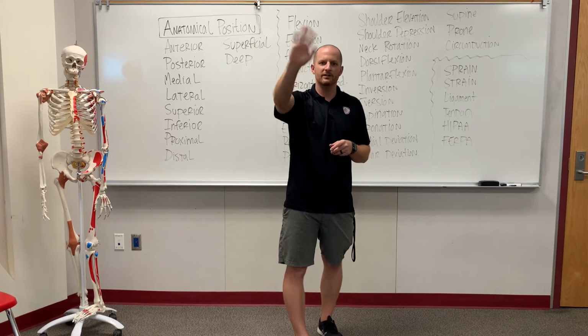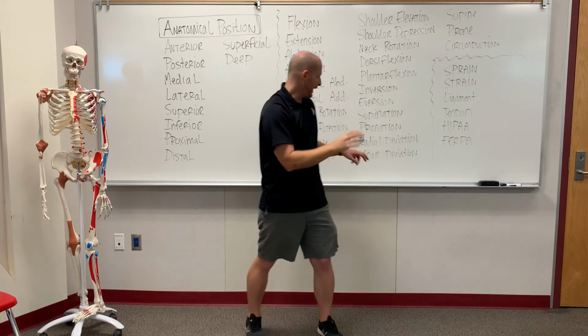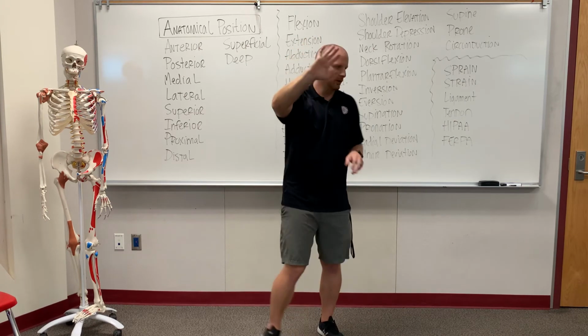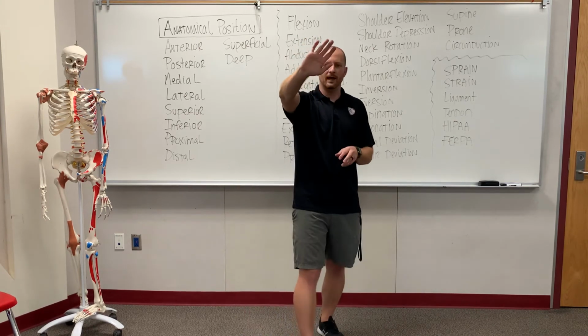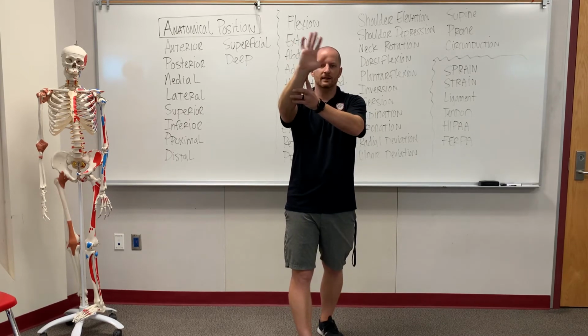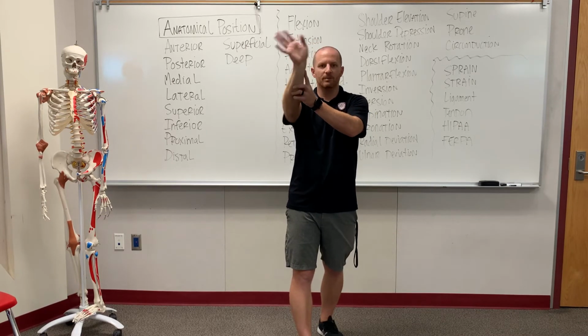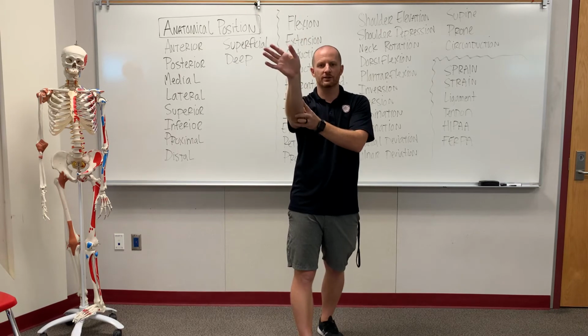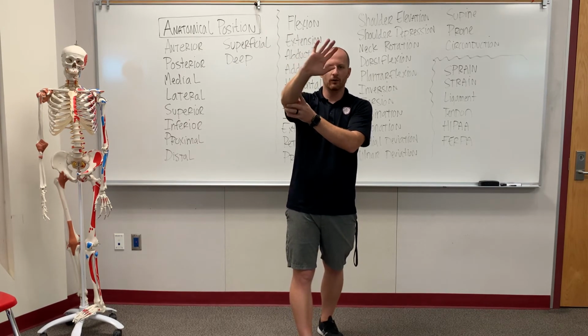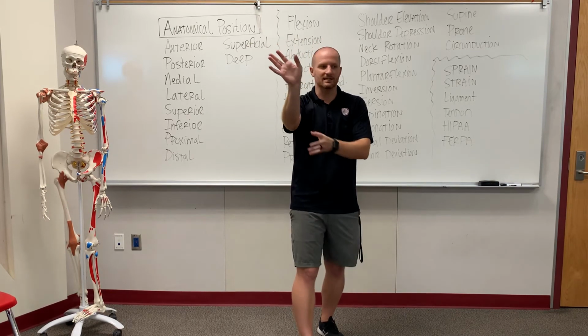So if I'm waving to you like this, hey guys, radial is when I move my hand towards my thumb. Ulnar is when I move my hand towards my pinky. So when I go thumb side, that's radial deviation. Pinky side, that's ulnar deviation. Put them together and you get a sideways wave. Radial, thumb side; ulnar, pinky side.